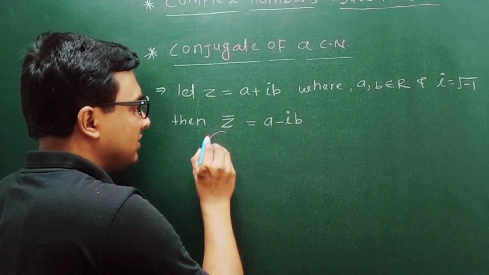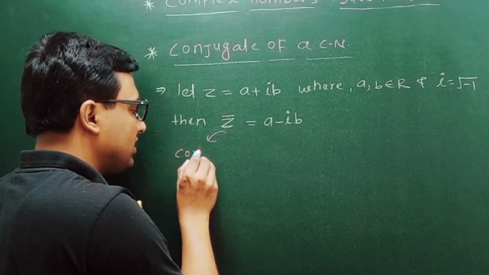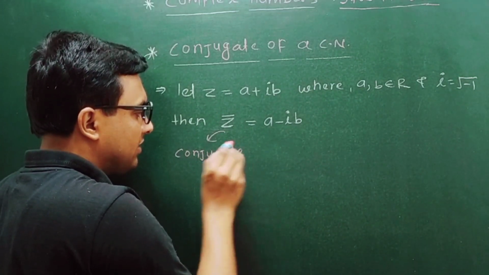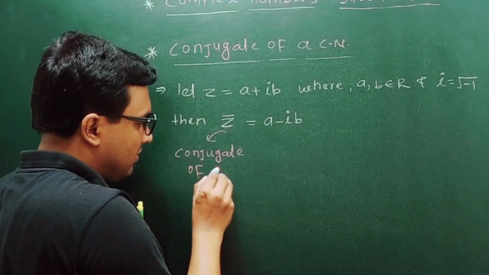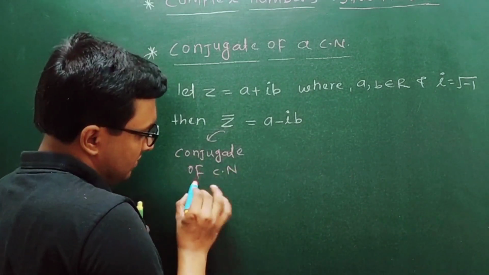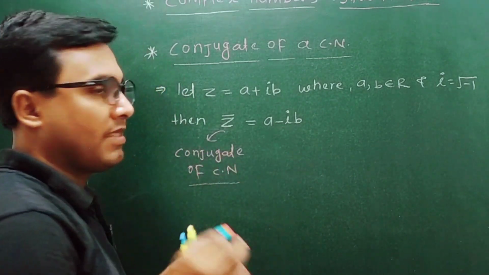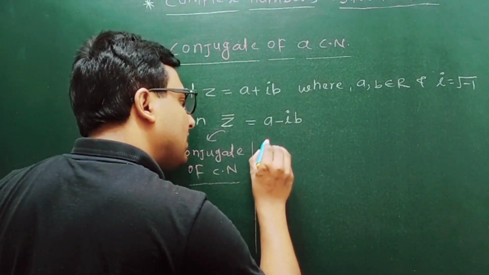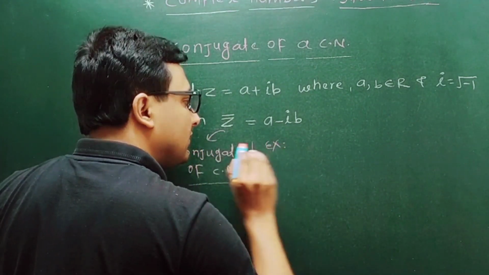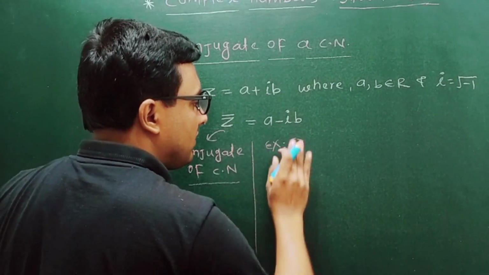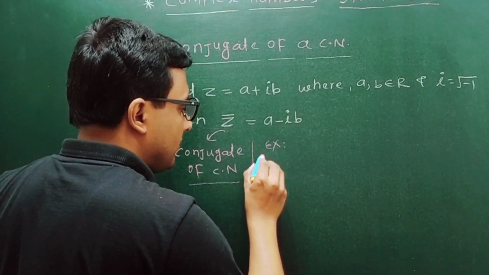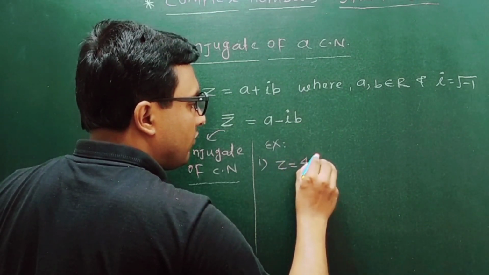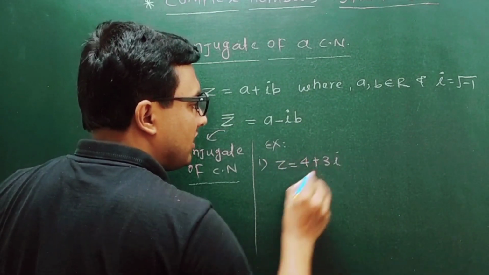What is this? This denotes conjugate of a complex number. Right. See the example here. First example, z is equal to 4 plus 3 iota.